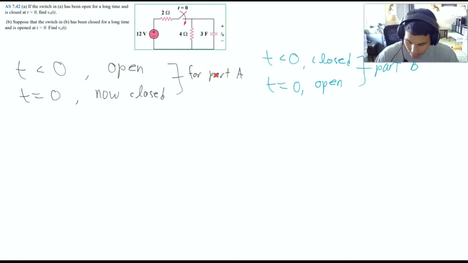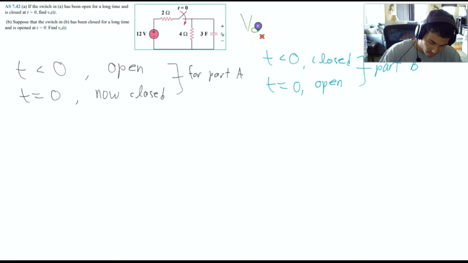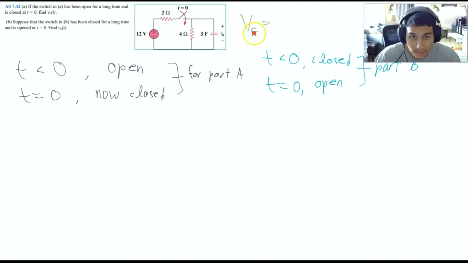Okay, and then let's write down some conceptual ideas. VC for the voltage across the capacitor. They're calling it VO, it's VC, same thing, right?